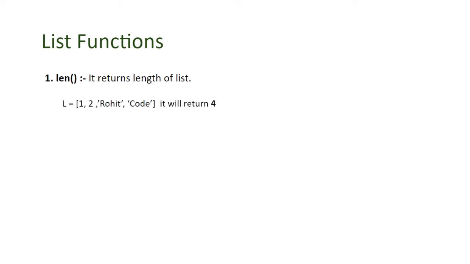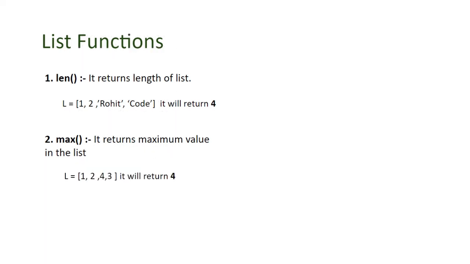Here you can see the example L equals to 1, 2, Rohit and code. What it will return, as you know, just count it, and it will return 4. Now move on to our next function, that is max. It simply returns the maximum value in the list. For example, just assume you pass all the marks of your unit test in a particular list, so it will be 5 elements.